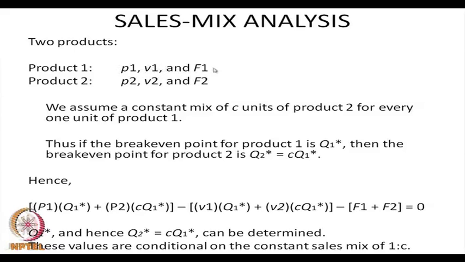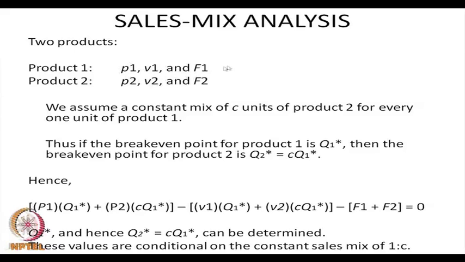For product 2, the total revenue is P2 Q2, the total variable cost is V2 Q2 and the fixed cost is F2. Therefore, the total cost is F2 plus V2 Q2.